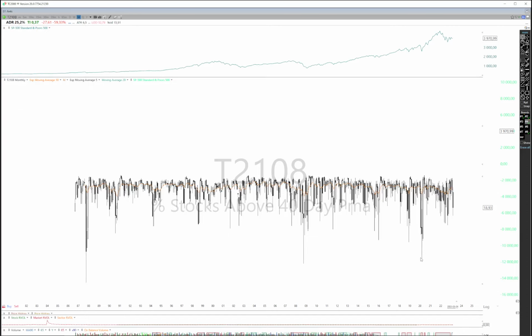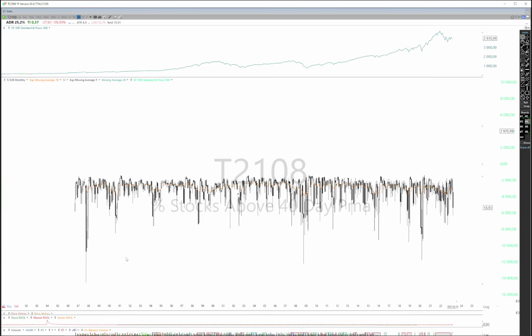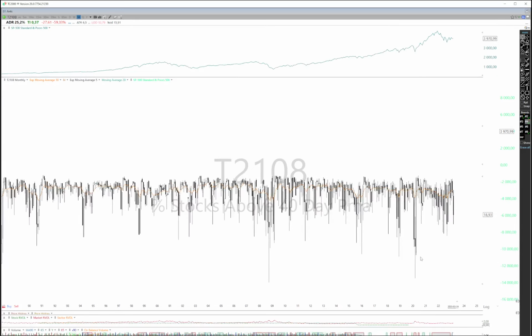But the COVID low is like one of the lowest in the last 30 years. Oh, that's 40 years, right? Not 30. Wait. What? Yeah, it's around 30 years. Sorry about that. Anyhow, let's turn this on.